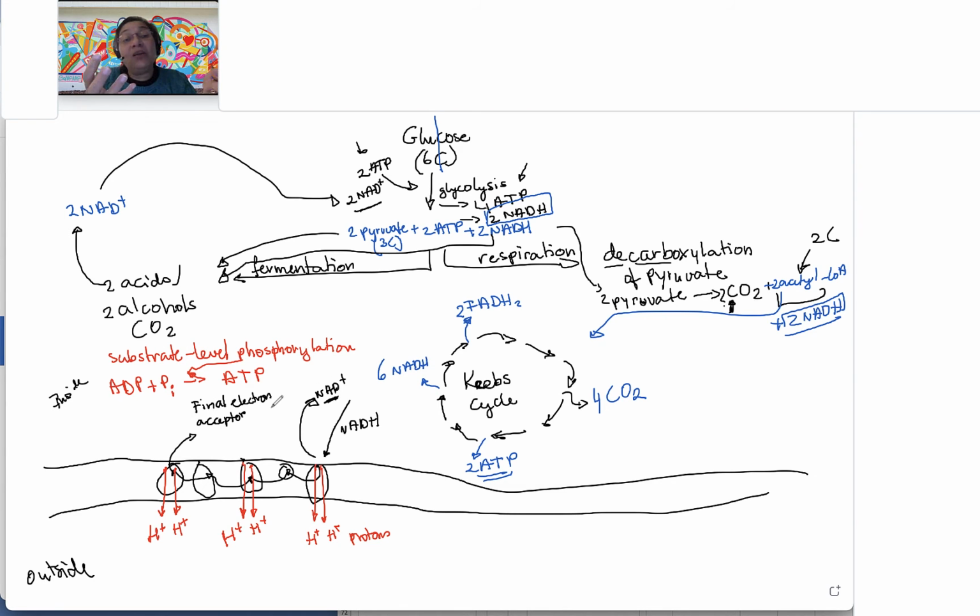And you get what we call a pH gradient. If you've ever taken chemistry, you know that high amounts of protons in a solution actually makes something acidic, so the outside becomes more acidic and the inside becomes more basic. Okay? And nature abhors this sort of imbalance.